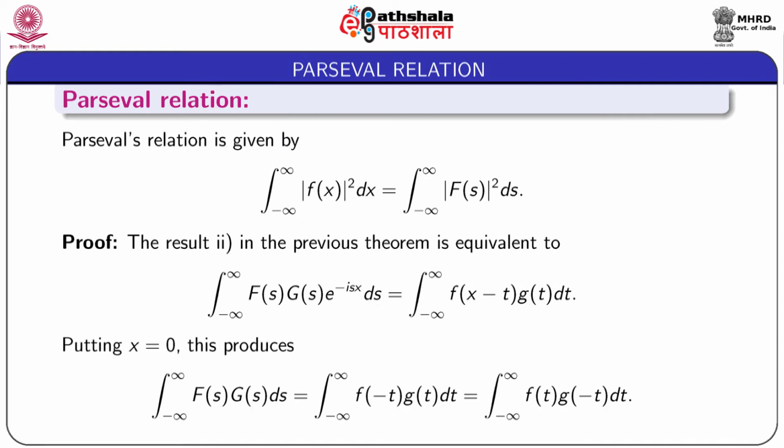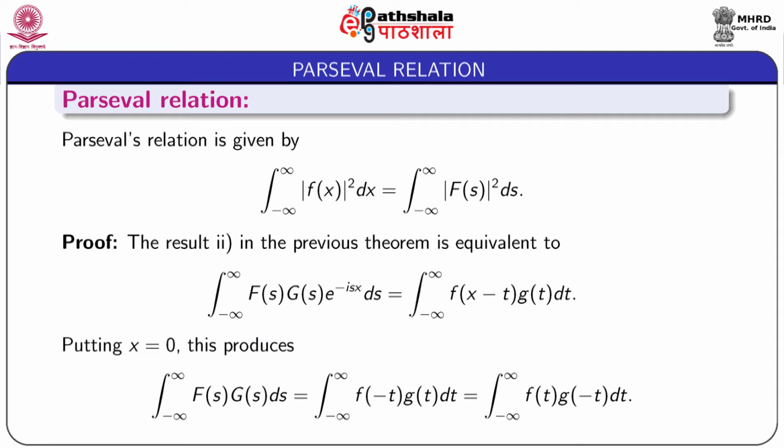So, the left hand side is the Fourier inverse of product of capital F and capital G. So, this is equal to integral minus infinity to plus infinity capital F(s) into capital G(s) e to the power minus i s x ds equal to integral minus infinity to plus infinity small f(x minus t) into g(t) dt.